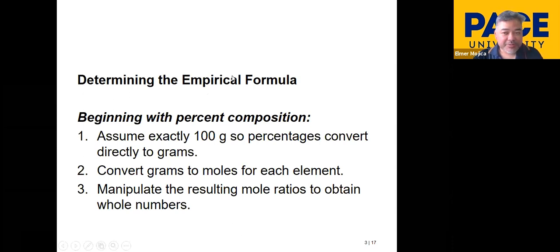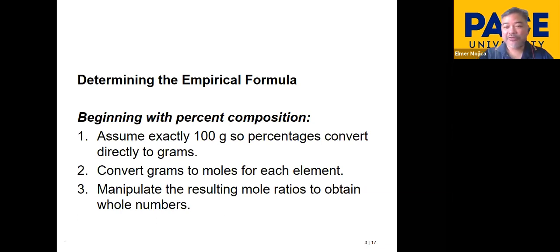Because you will usually be given the percentage composition. So if you assume 100 grams, your percentages are converted to grams. And then you convert the grams to moles for each element. And after that, that's the time you manipulate the resulting mole ratio to obtain whole numbers.